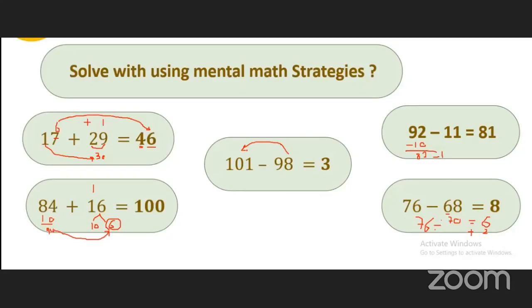Added, or counting forward. So after 98, excellent, to get 101, we use counting forward. Okay, as add and subtract strategies. So we get 3.